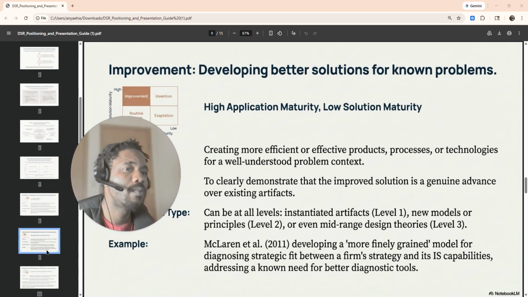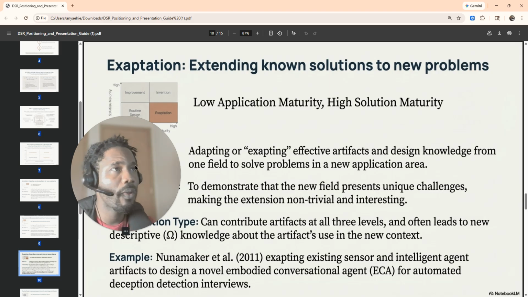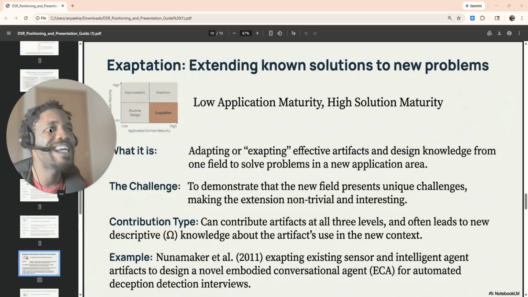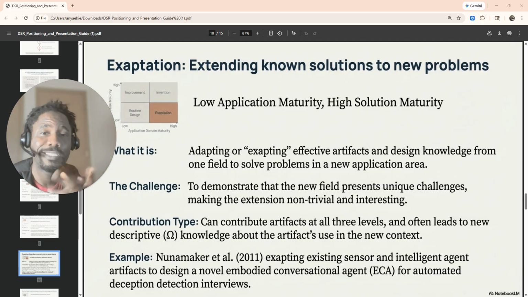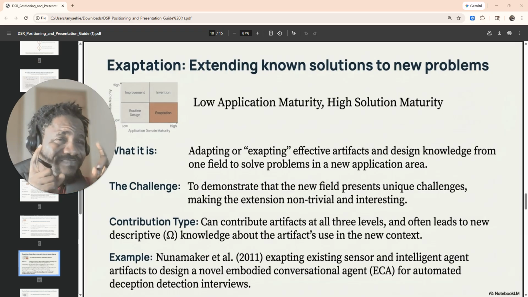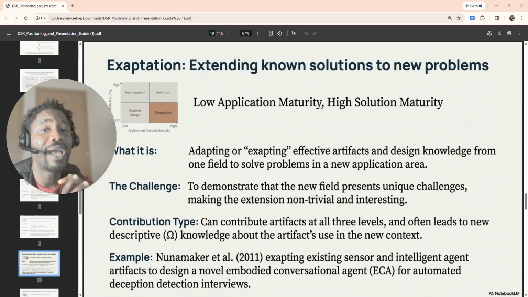So on the next quadrant, number 10, exaptation. Now, when we have exaptation, this is a fascinating area. It happens when the solution maturity is high. We have the tools, but we apply them to a low maturity application domain, a new problem.